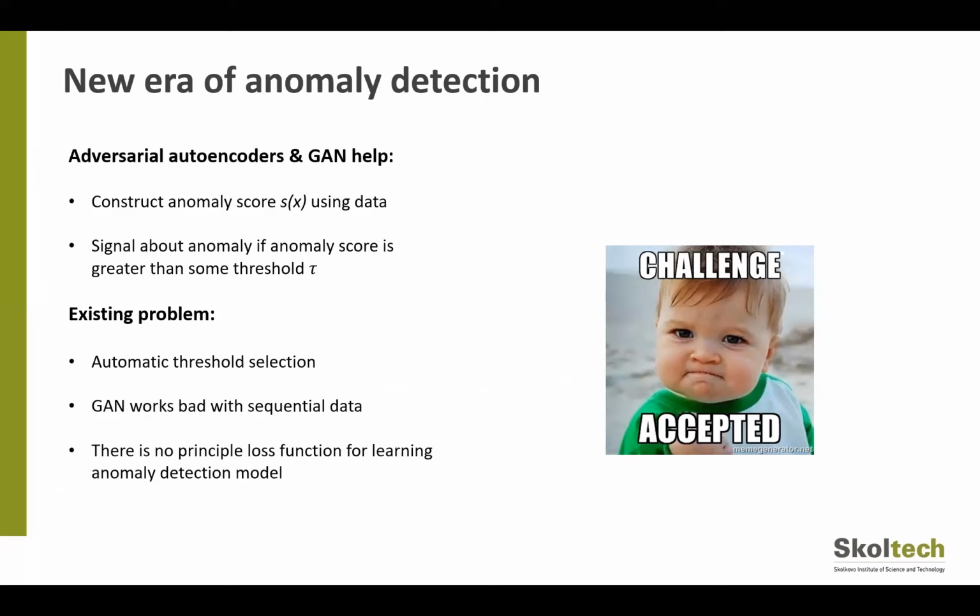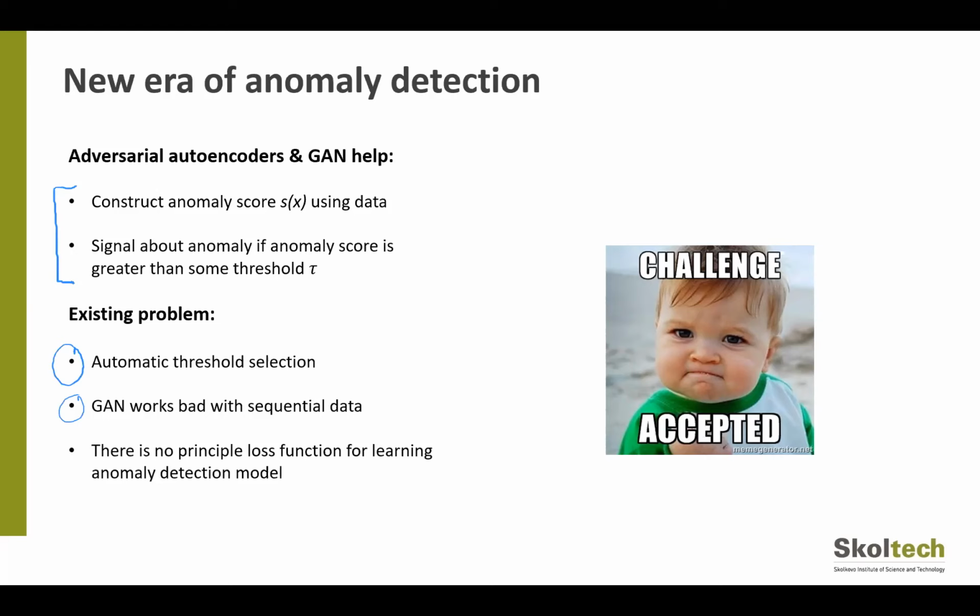So in general, we follow the rule I showed you today. We construct an anomaly score using a deep neural network and select a threshold using few labeled examples or using normal data. Or what else we can try to do to advance this field is maybe solve this change problem for threshold selection and also try to make it work better for sequential data.